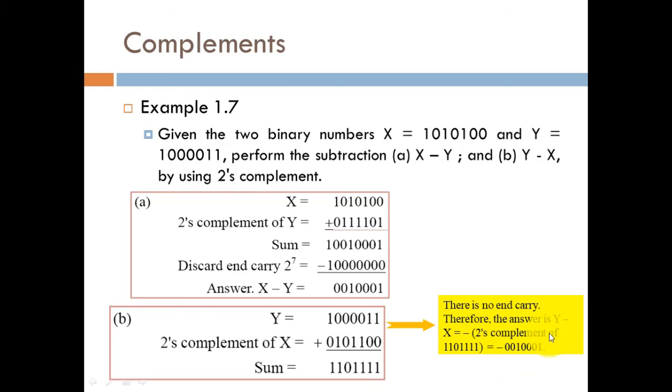Therefore the answer, y minus x, turns out to be minus the 2's complement of this particular sum. So that turns out to be minus times 0 0 1 0 0 1. So this will be the answer of y minus x. This is how we are going to perform the subtraction operation with the help of complements.